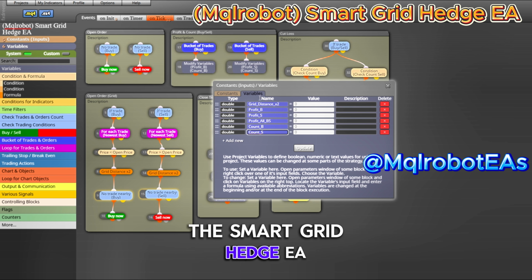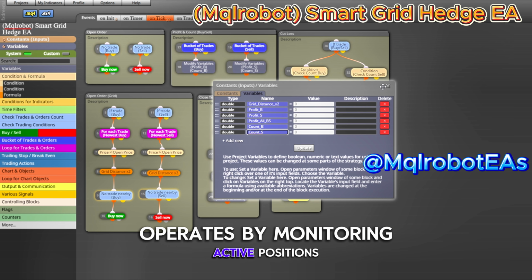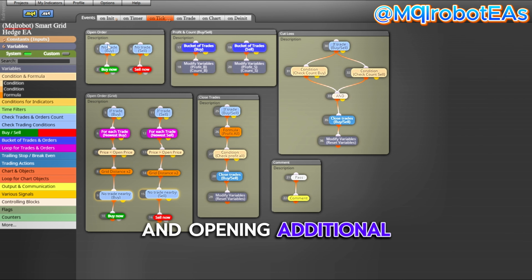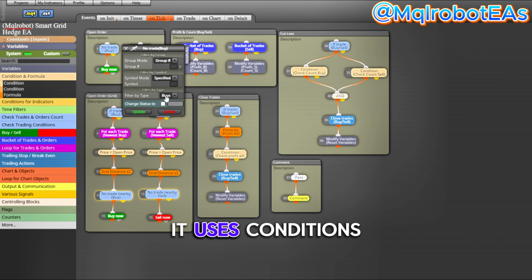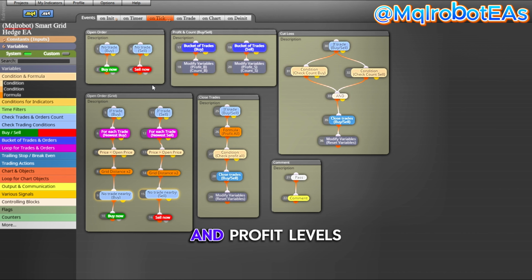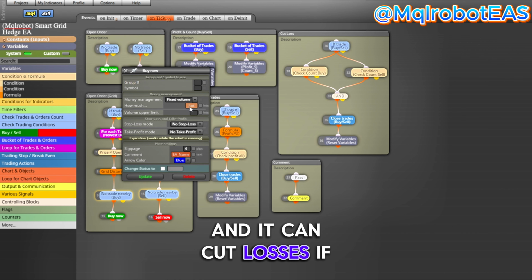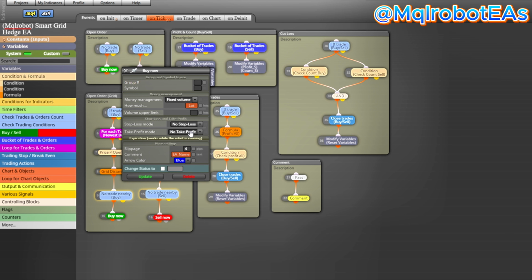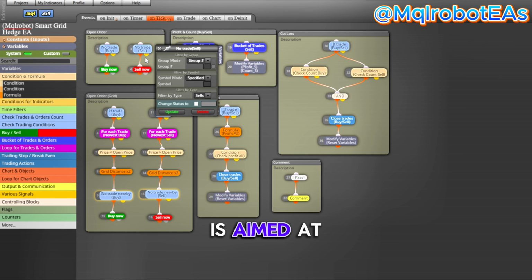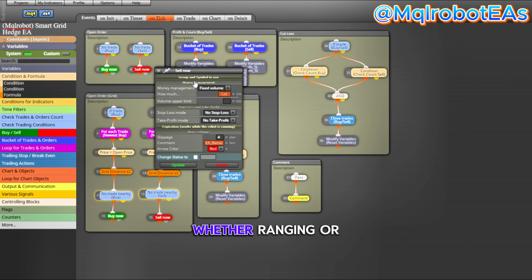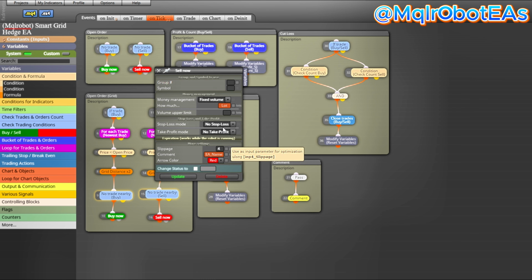The Smart Grid Hedge EA operates by monitoring active positions and opening additional trades at predefined grid distances. It uses conditions to check trade counts and profit levels, and it can cut losses if certain thresholds are met. This combination of hedging and grid logic is aimed at making the system more adaptable to different market environments, whether ranging or volatile.